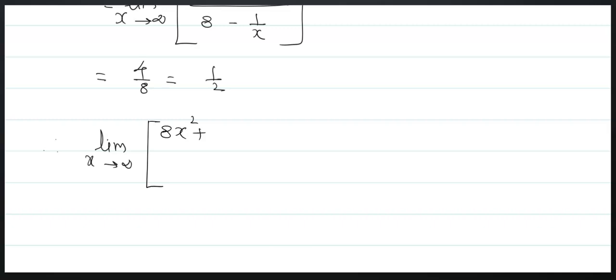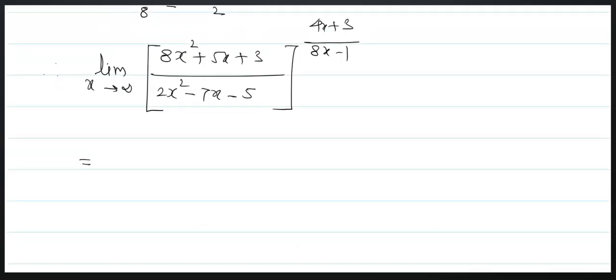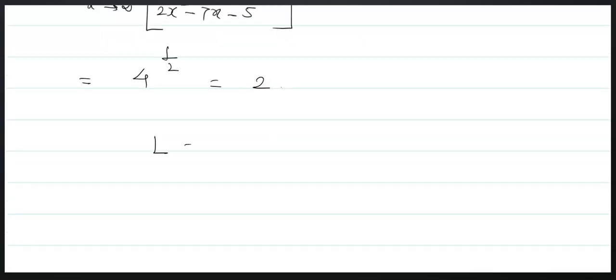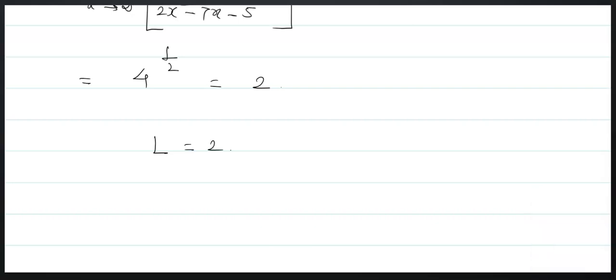Therefore, limit x tends to infinity, 8x square plus 5x plus 3 upon 2x square minus 7x minus 5, whole bracket to the power 4x plus 3 upon 8x minus 1, is 4 to the power 1 upon 2. Therefore, it is equal to 2. This is the final answer.